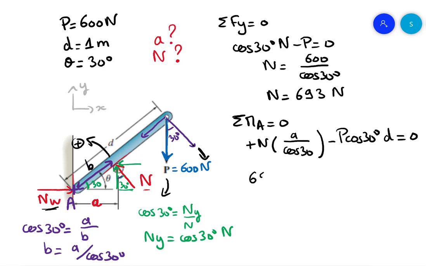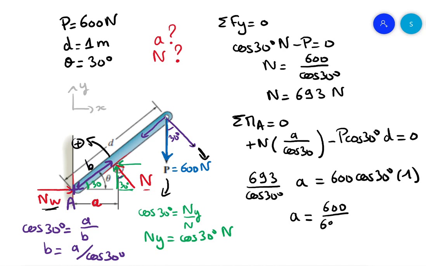N is 693 divided by cosine 30 times A, and it's equal to P, that is 600, cosine 30, D is 1. So we end up having 600 divided by 693, and we have cosine 30 squared. A equals 600 times cosine 30 times cosine 30, divided by 693.